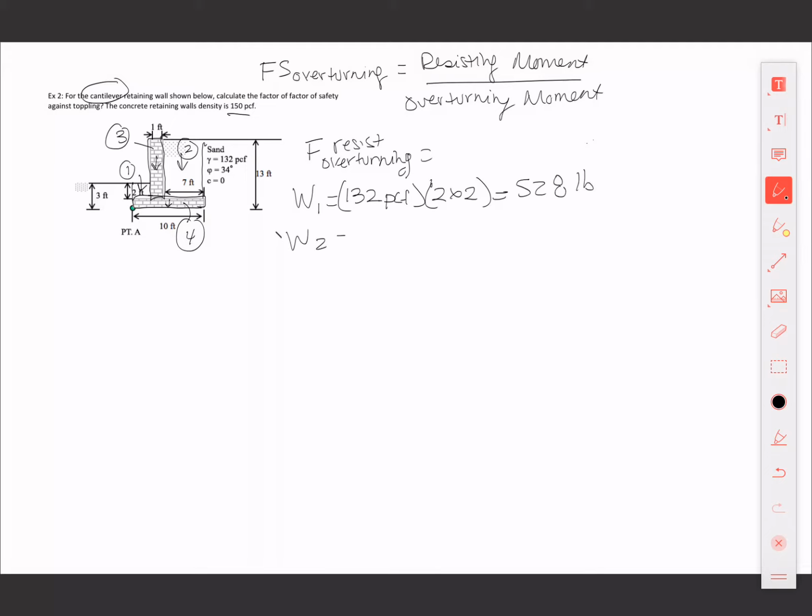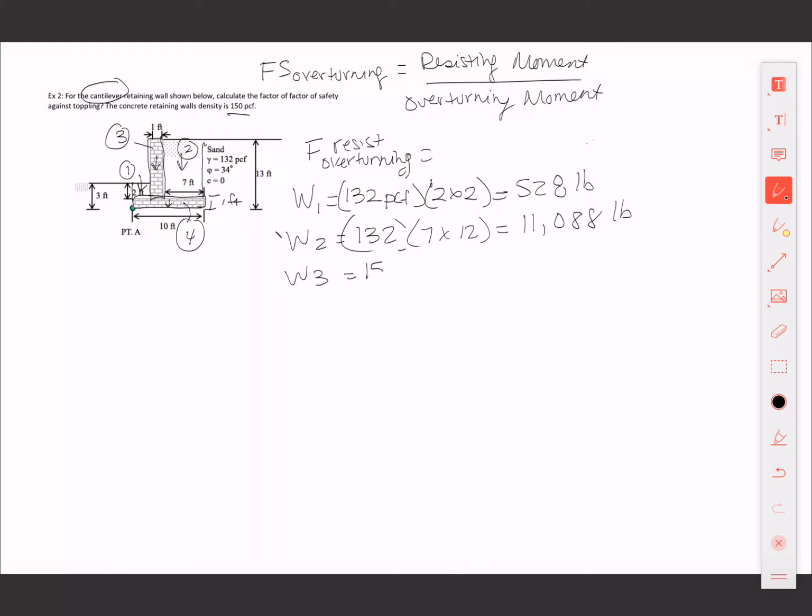The second weight is 132, the unit weight of the soil, times its height, in this case 12, and this is 1 foot wide, so this is only 12 feet for the soil there. So this gives us a force of 1188 pounds.